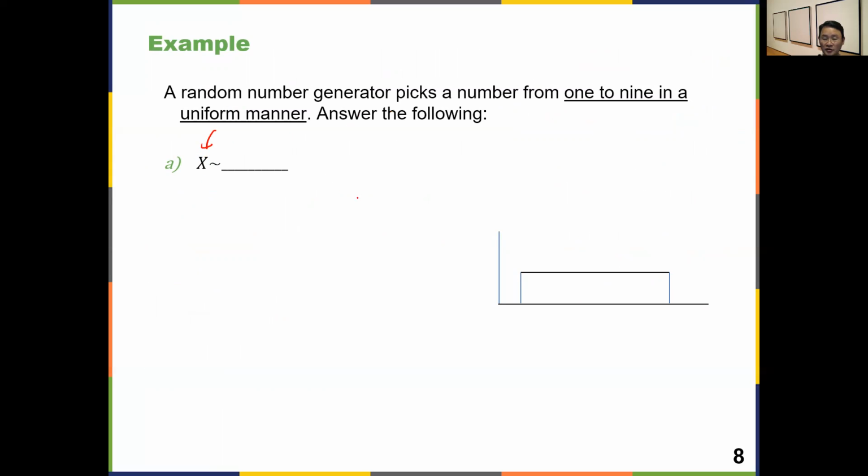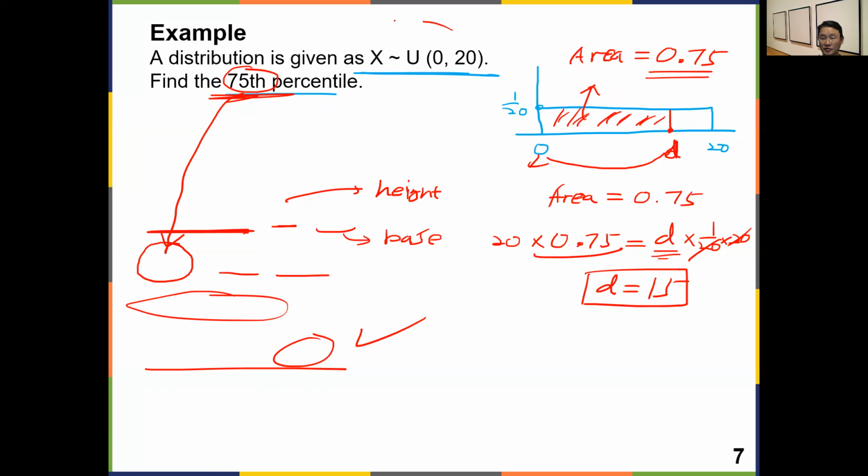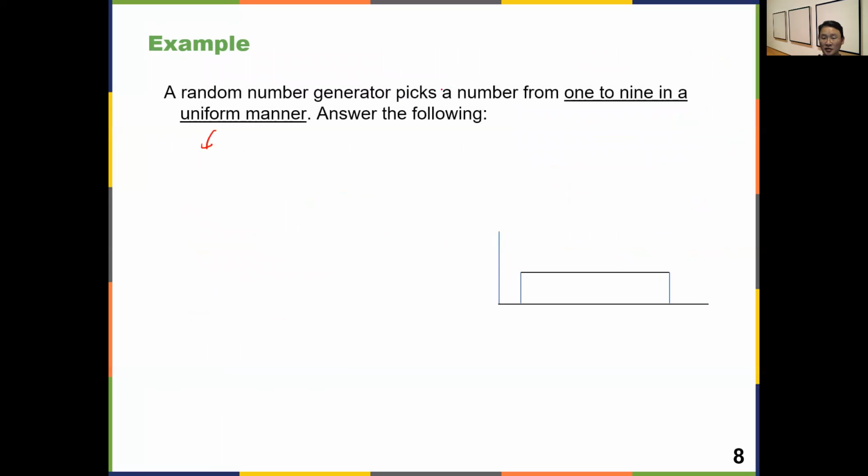Remember that one? We go back to some of those, just like this, right here. They say this X is going to be what? Uniform distribution from 0 to 20. So same thing. They want to describe this situation, any random number from 1 to 9 in a uniform manner.